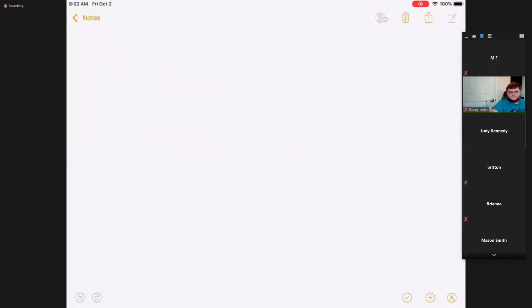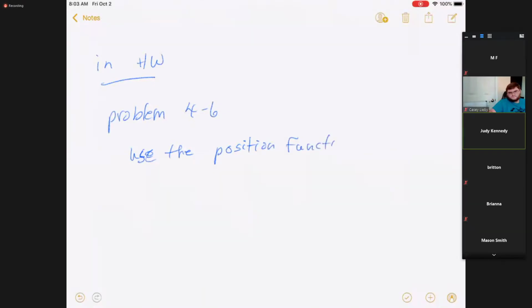In problems 4 through 6, it says in the next 3 problems to use the position function s of t is equal to minus 16t squared plus v0t plus s0.